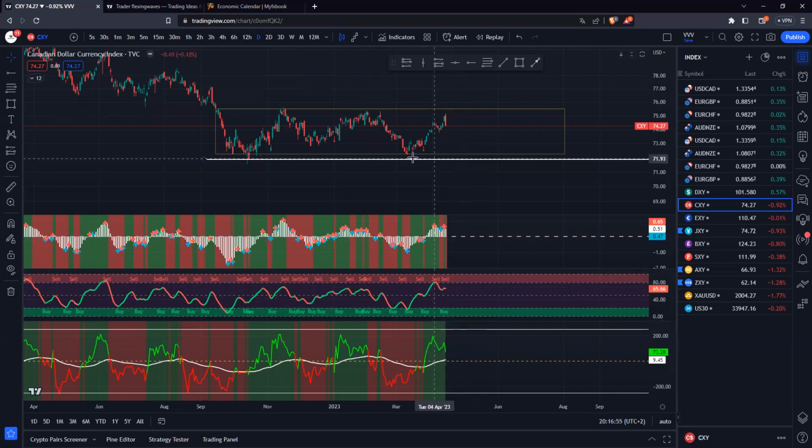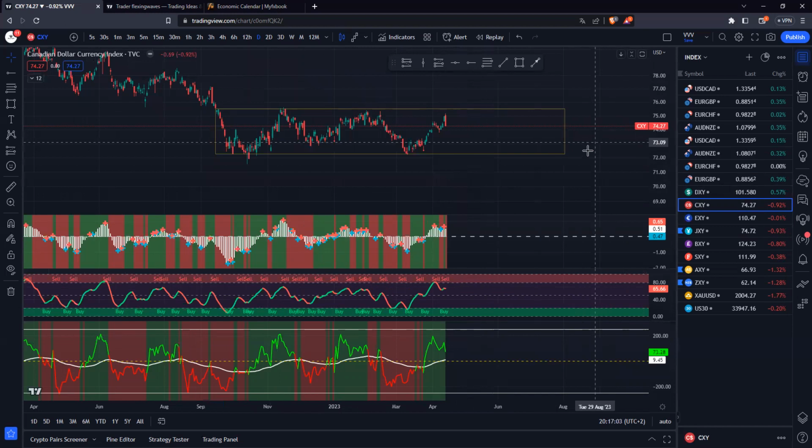This could be also a nice move from the Canadian dollar. Okay, but I will hold this box as well. First thing first, we need to break out of this box. If we don't break out from this box, we're gonna keep ranging in this area.